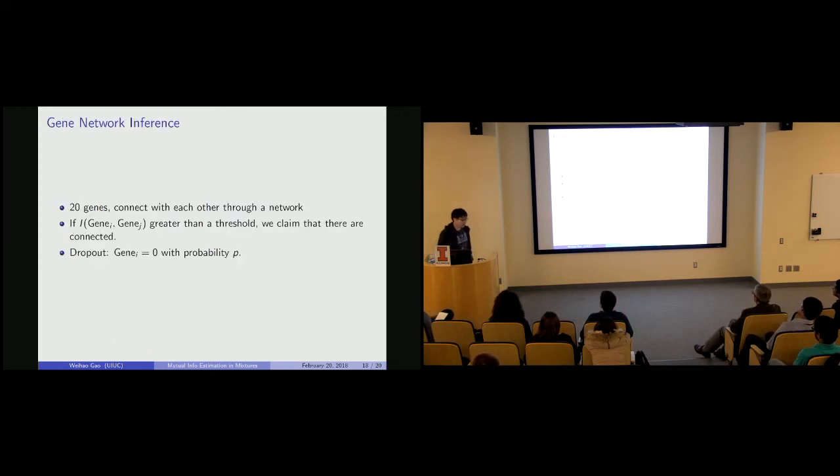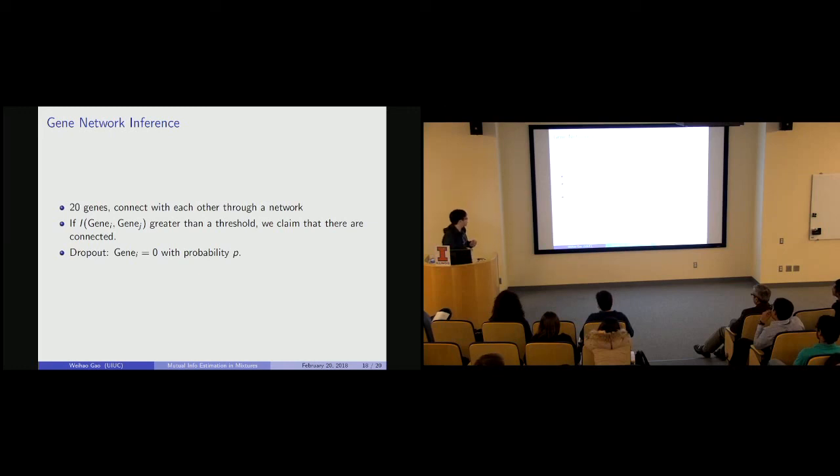Also, we use our method for gene network inference, which appears in the first slide of my talk. So we have 20 genes connecting to each other through a network. In this setting, we assume that the biologists already know the network, but they want to test whether their hypothesis is correct.